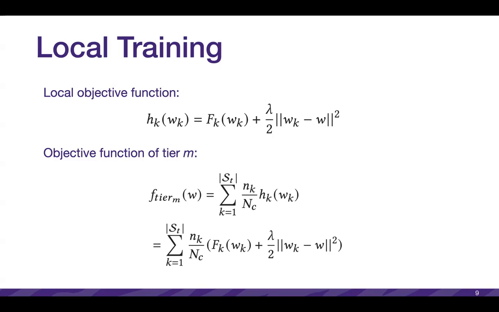And based on the advanced local objective function, we can generate an objective function for a tier. In the second equation, n_k means the data examples belonging to the client k, and S_t means the selected clients in the same tier, and also n_c means all of the data examples of the selected clients.